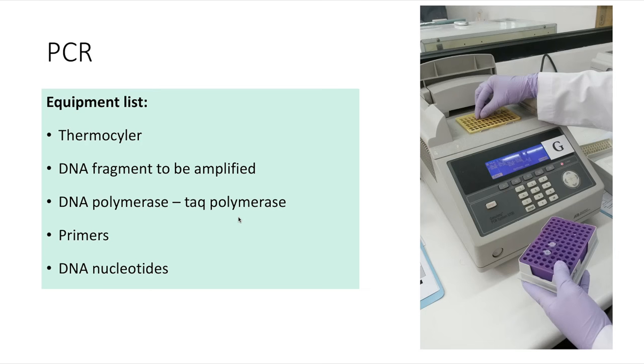So Taq polymerase has a much higher optimum temperature, and it doesn't denature at your typical 37 degrees C. It denatures at much higher temperatures, and that enables the temperature in the thermocycler to be increased to speed up the reaction without denaturing the enzymes. Primers are needed as well to attach to the DNA fragments to enable the DNA replication to start, and DNA nucleotides are needed to create your new DNA sequences.